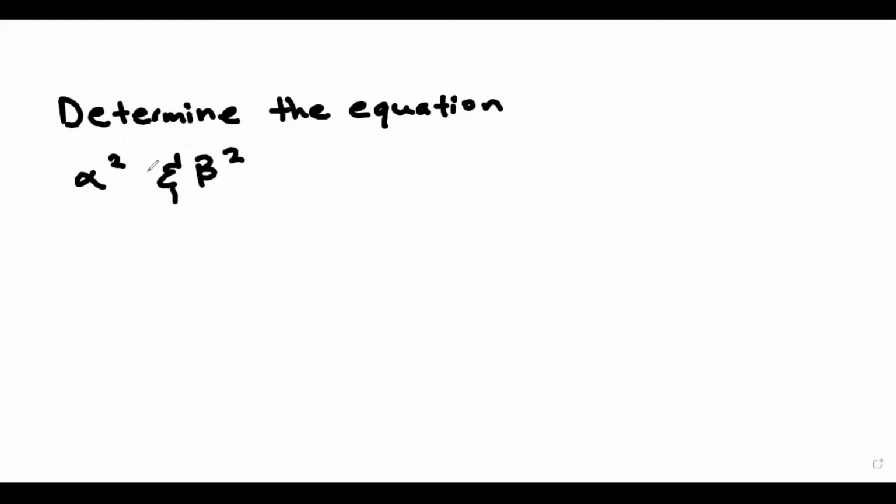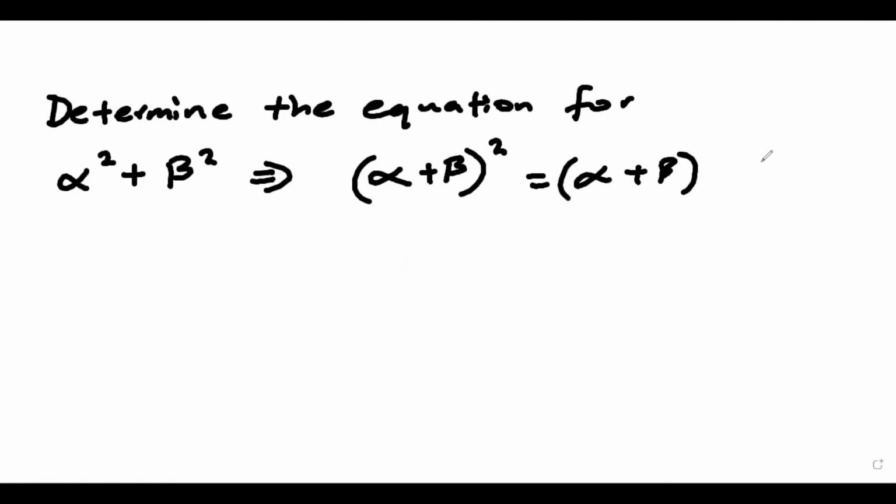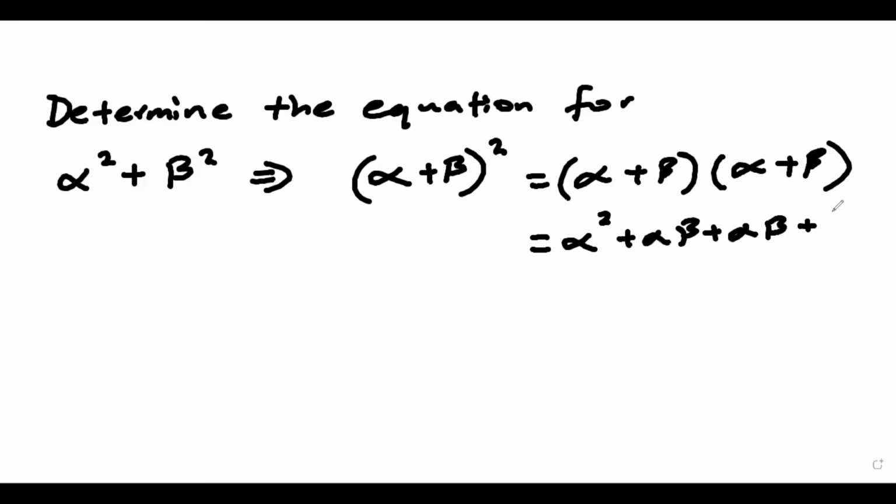So we want to determine the equation with the roots alpha squared and beta squared. So alpha squared plus beta squared is derived from finding alpha plus beta all squared, which would give us alpha plus beta times alpha plus beta. So if you expand the brackets, you're going to get alpha squared plus alpha beta plus alpha beta plus beta squared.